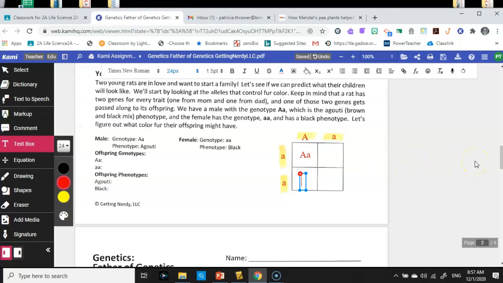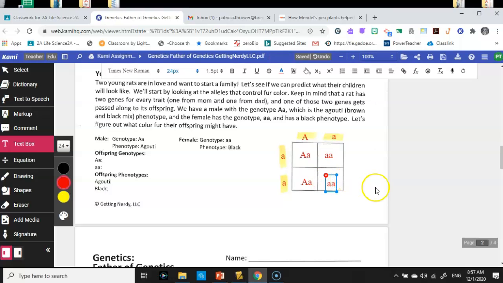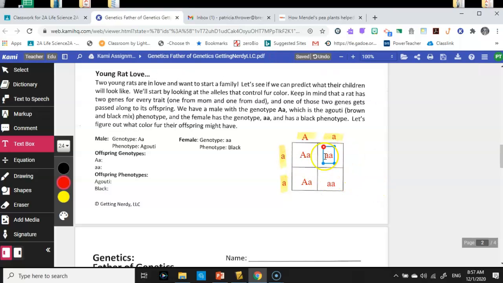Same thing here. I'm going to bring that big A down, and there's the little A from mom. Over here, dad has a recessive A, and mom has a recessive A to give.